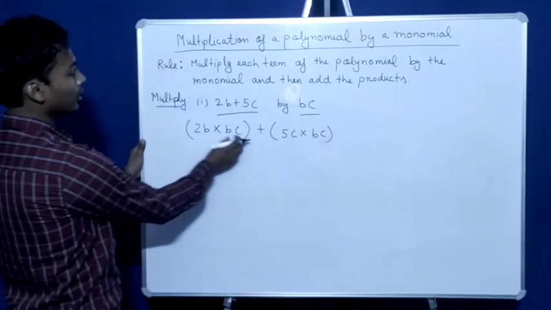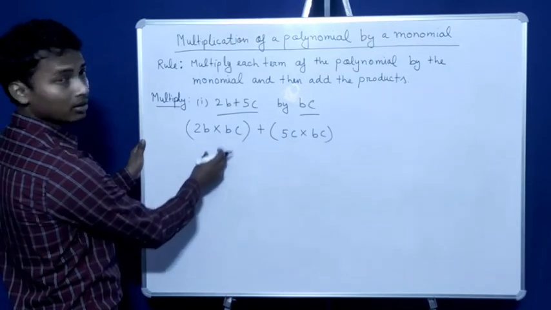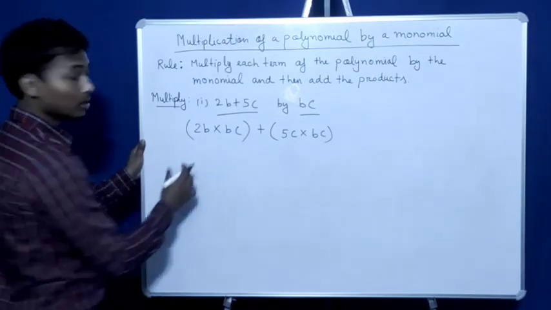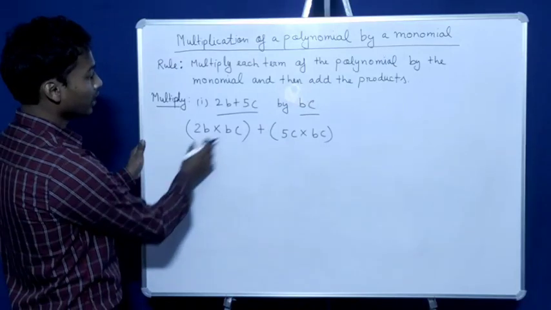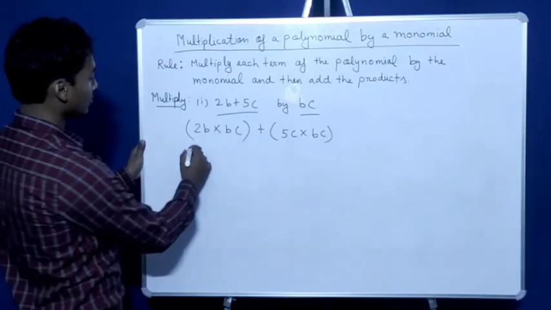Now here we can think of them as monomials or single terms being multiplied. So you can multiply the numerical coefficients of these two terms.